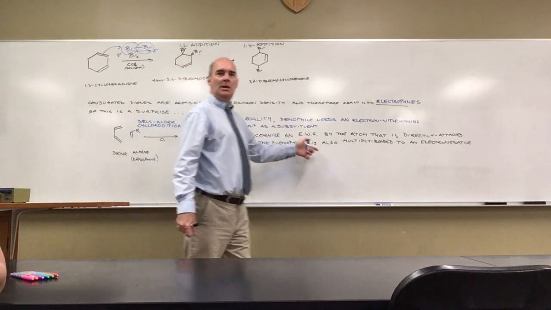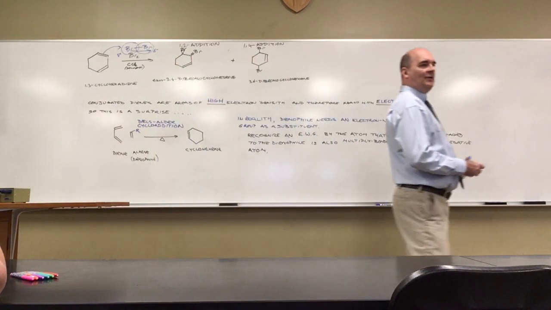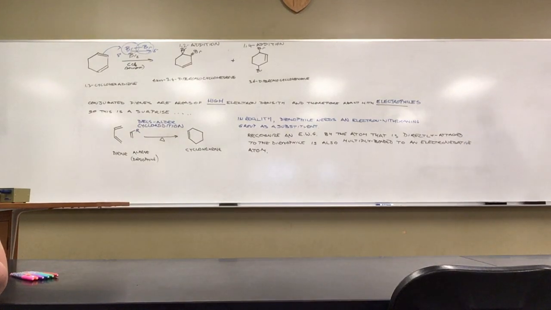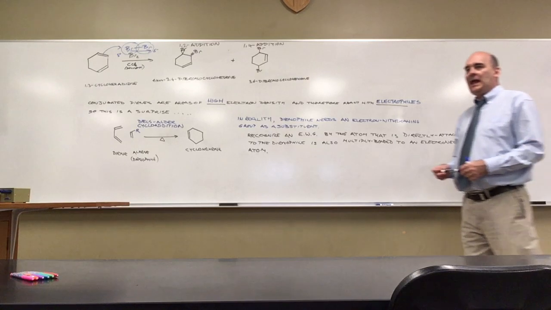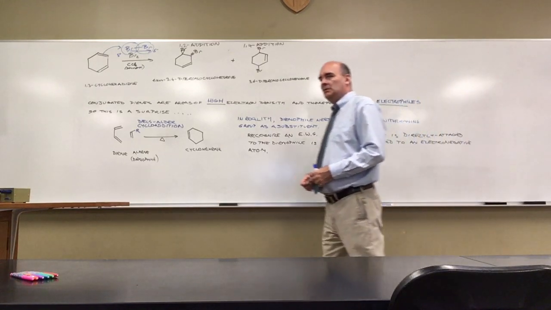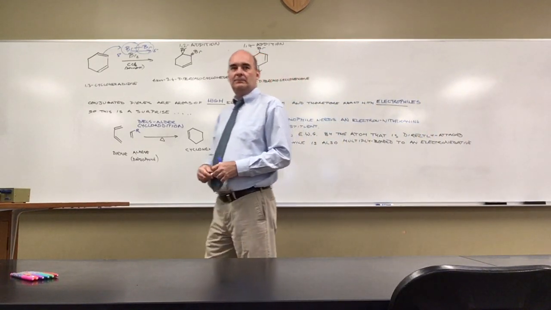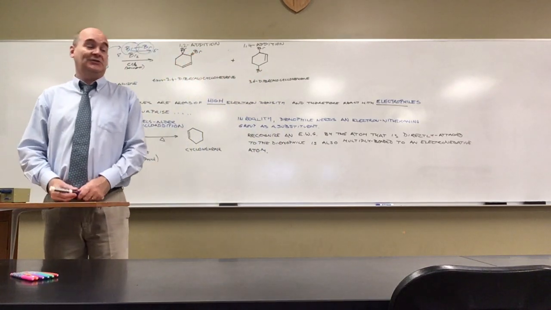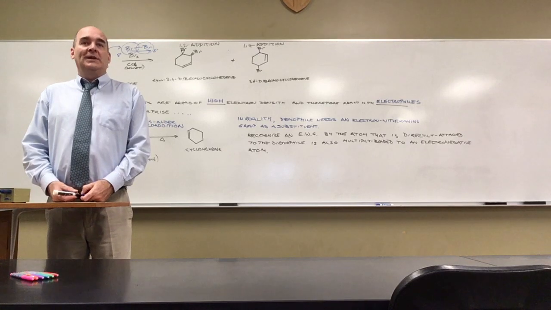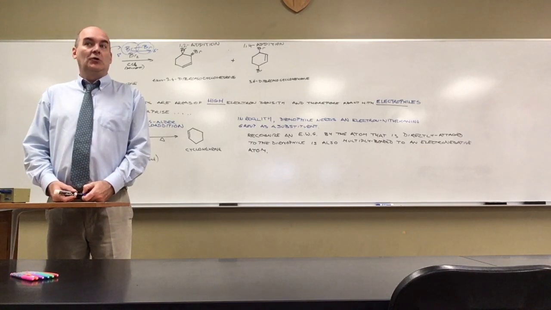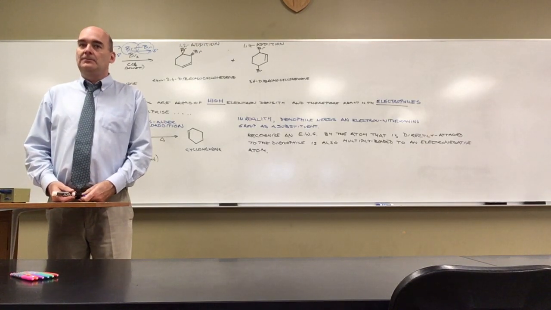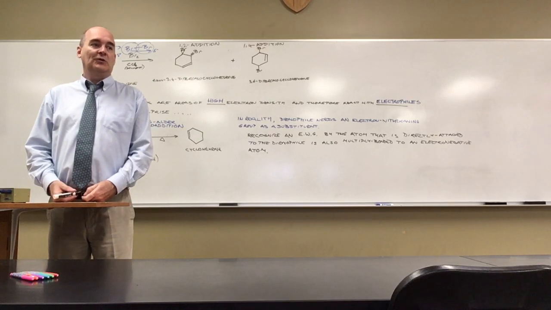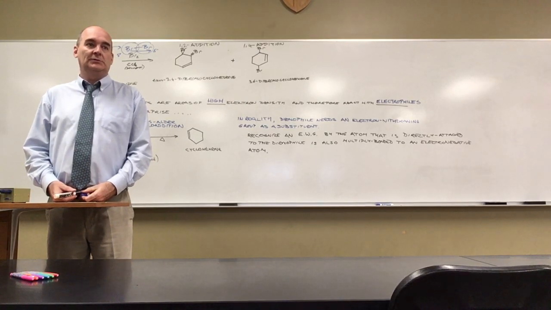I need to be multiply bonded to an electronegative atom. Identify for me an electronegative atom that can accept a multiple bond. Oxygen. Oxygen is in group 6. Always makes 2 bonds. Could be a double bond. Or a nitrogen. Nitrogen makes 3 bonds. So you could make a triple bond to a nitrogen.